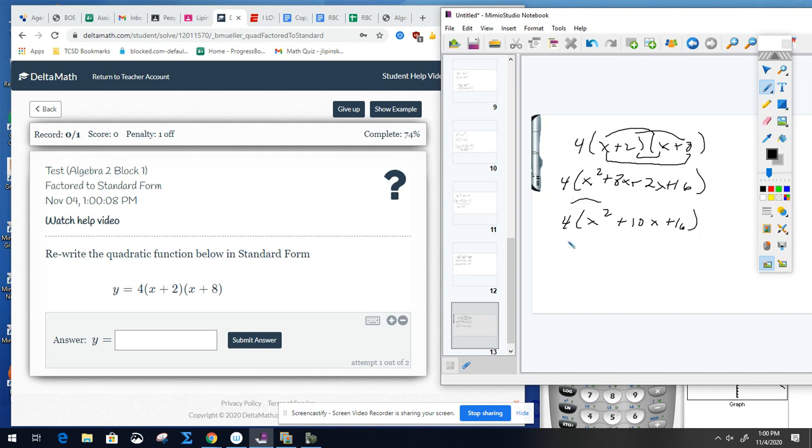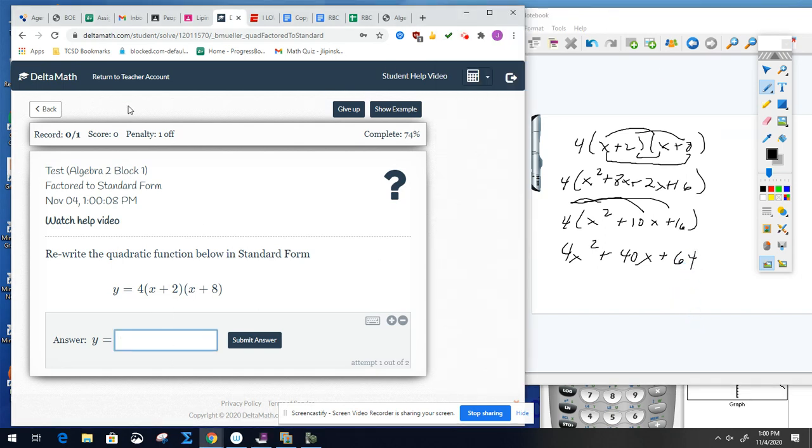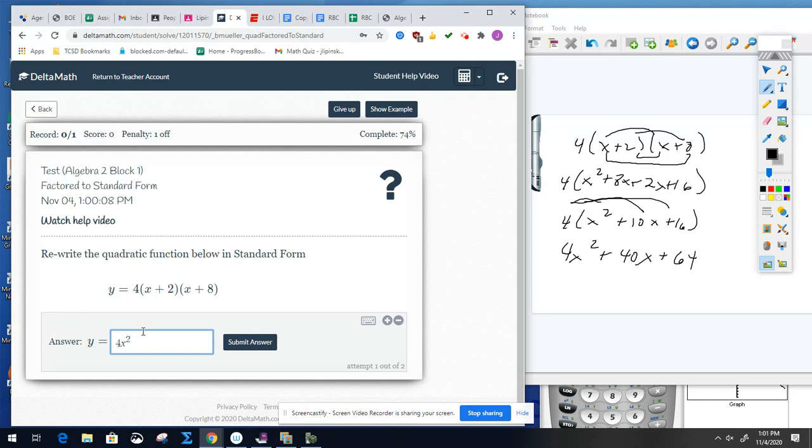And then I distribute this, 4x squared plus 40x plus 16 times 4 is 64, and that's what I get as my standard form here. Okay, 4x squared, and hit the caret button to get the squared, plus 40x plus 64.